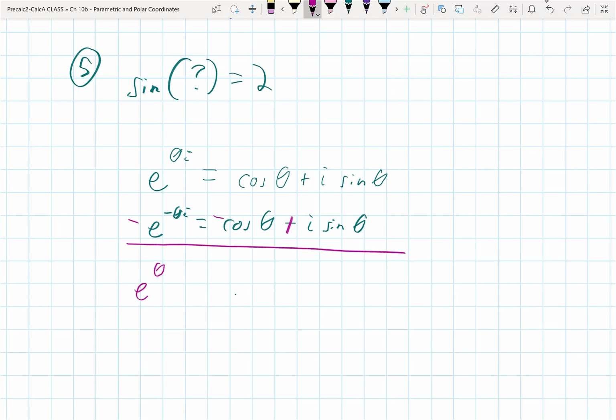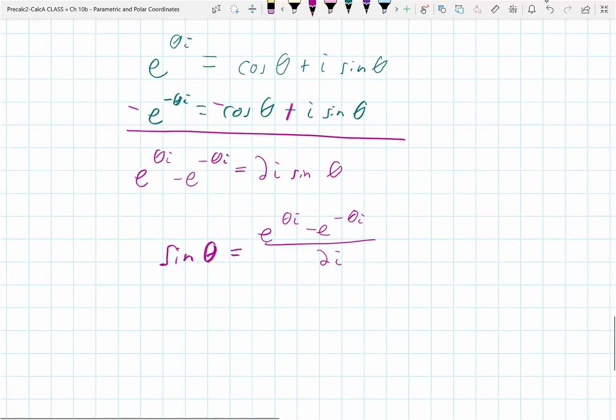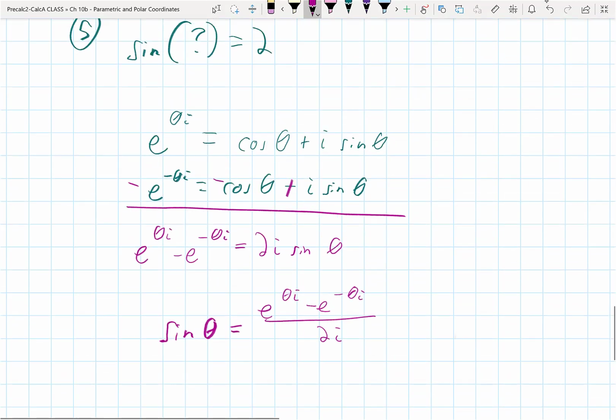And I get e to the theta i minus e to the negative theta i is equal to 2i sine of theta, which means that the sine of theta is equal to e to the theta i minus e to the negative theta i over 2i. So there's no way I would expect you to know this, but this actually gives me a formula for the sine of theta.